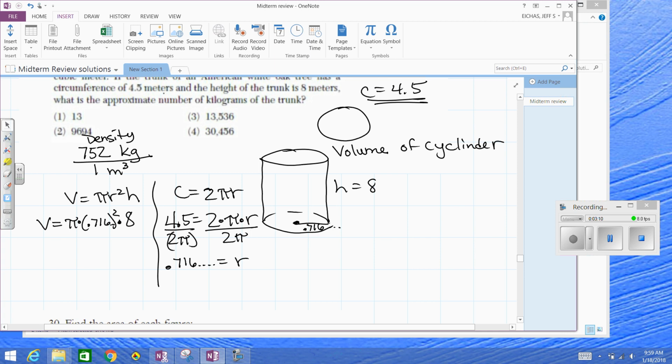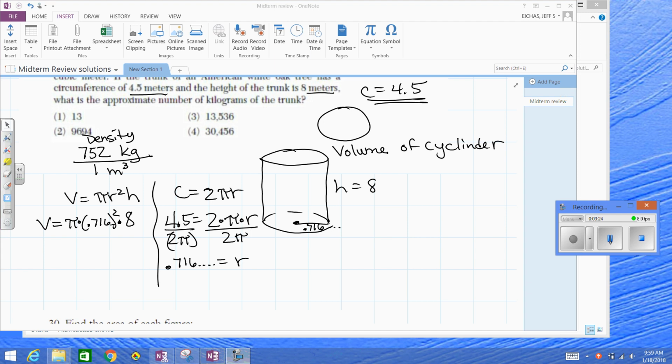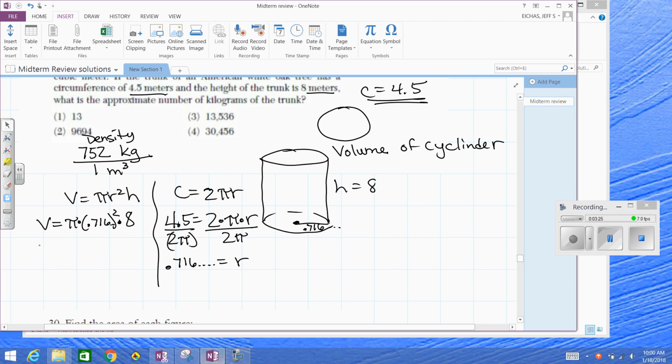Double check something here: everything's been in meters. Make sure units of measure are identical in everything. Otherwise, we have to convert and be careful there. So I'll let the calculator do the work here, and we get 12.8916. Again, leave that in the calculator.